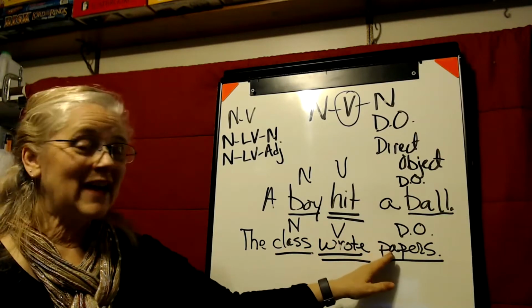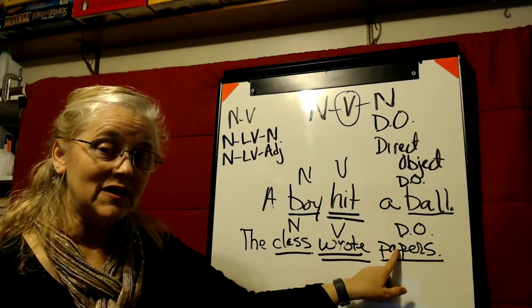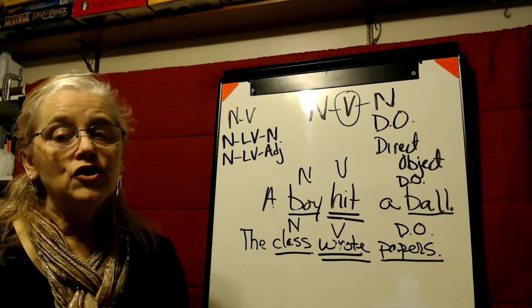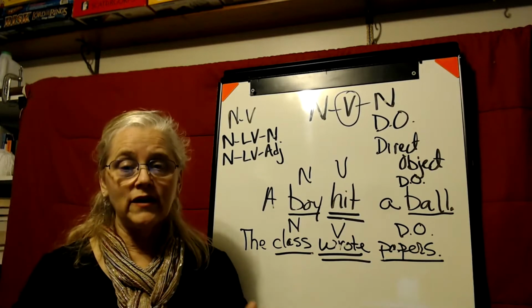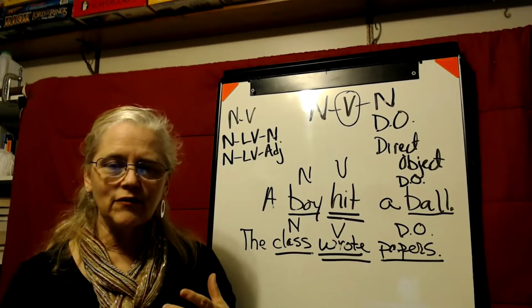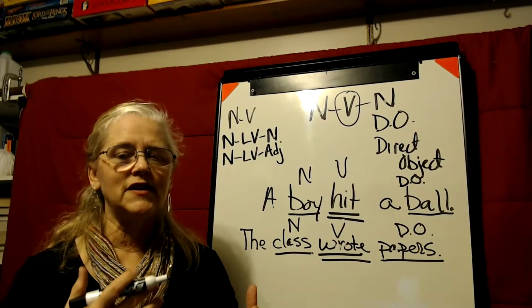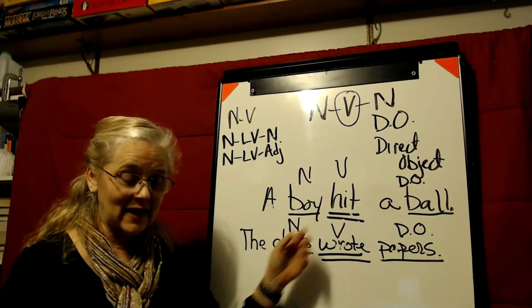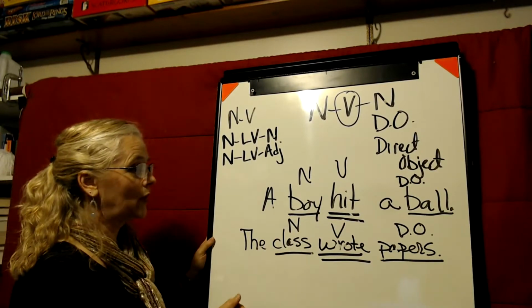I added an adjective to describe papers, and then I added more prepositional phrases. So we don't write really super simple sentences. We add lots of prepositional phrases and adjectives and adverbs, but we need to be aware of what our basic sentence patterns are. Let's do another one.